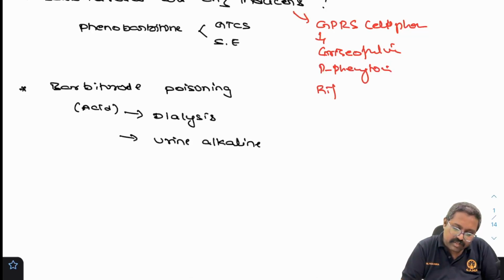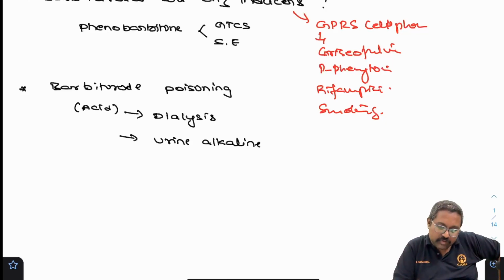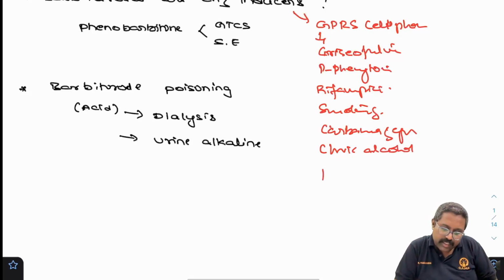R stands for rifampicin, and S stands for smoking, and one more C stands for, you can call it as carbamazepine, chronic alcohol, and your phenobarbital.